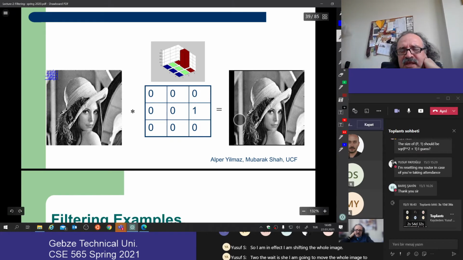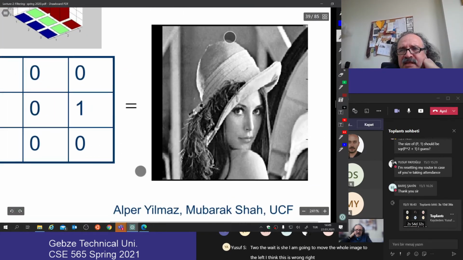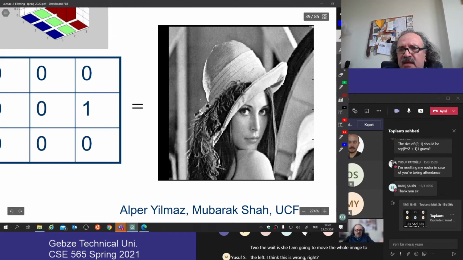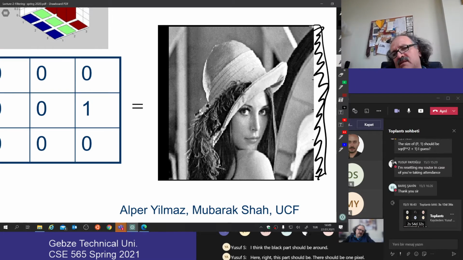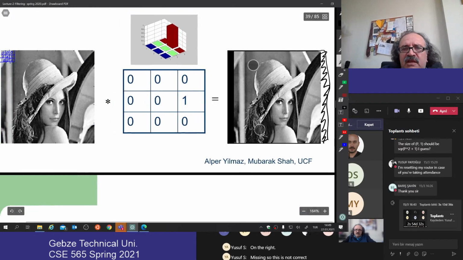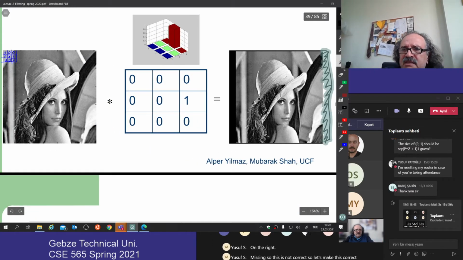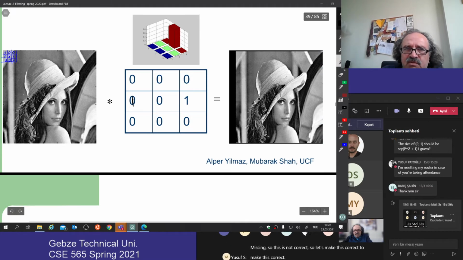I think this is wrong, right? I think the black part should be around here. There should be 1 pixel on the right missing. So this is not correct. So let's make this correct. To make this correct, let's make this 1. This is 1, and this is 0.